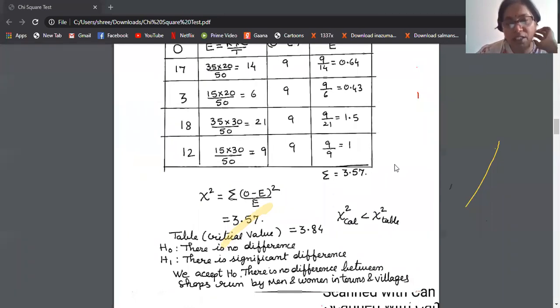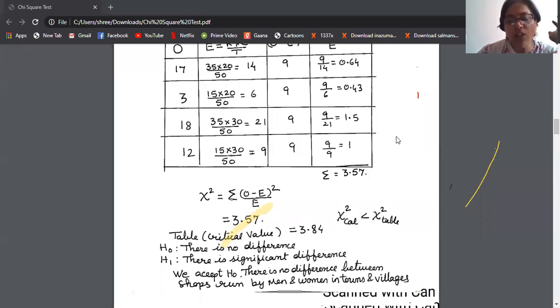In case of chi-square, we always are going to get a question and we'll have to set up a null hypothesis, and the table value will be given to you. That is 3.84, which is already given to you.